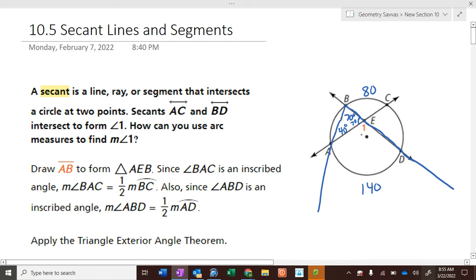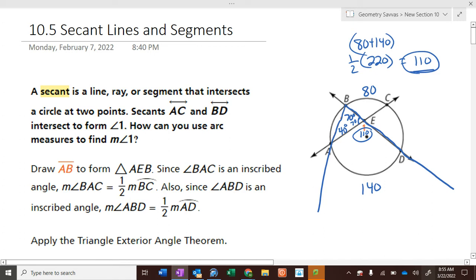So if 70 is over here, angle 1 would be 110. Now, what's 80 plus 140? 220. And what's half of 220? 110. Notice the relationship between 110 and 110 here.